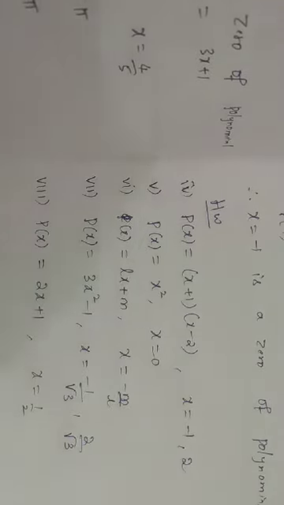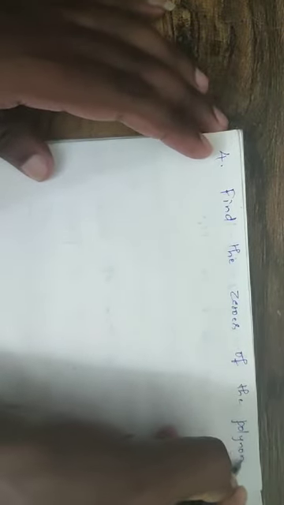Next we will go for the next concept. Let us go for exercise 2.2, fourth main. Here, find the zeros of the polynomial in each of the following cases.